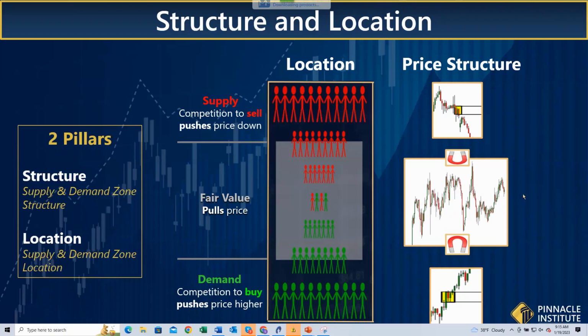And then we simply look above fair value for our qualified supply zone and below fair value for our qualified demand zone. This is by far the number one, the main reason why a supply or demand zone is going to work or fail. And it's all about the imbalance. Location is key here. Make sense?